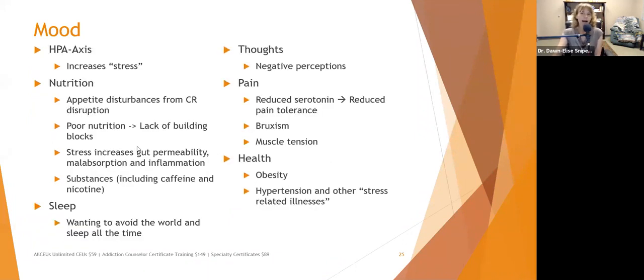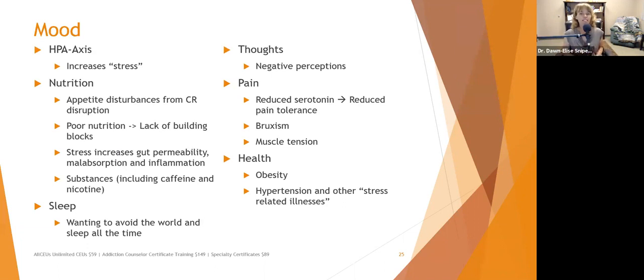Mood impacts the HPA axis because stress revs up the HPA axis. It can cause appetite disturbance. It can cause circadian rhythm disruptions. It can cause poor nutrition because people tend to go for comfort foods, which causes lack of building blocks, and then the body's going, I can't make the neurotransmitters I need to.